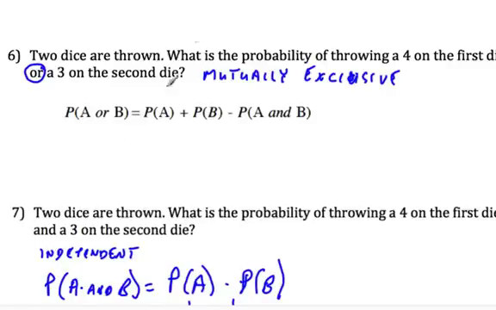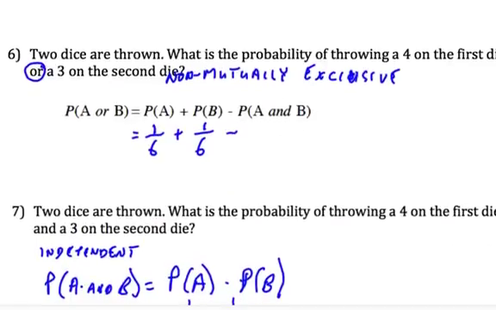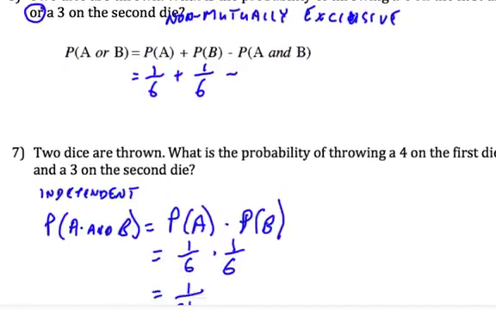So this is non-mutually exclusive because we can have both events occurring. So the probability of A is 1/6. The probability of rolling a 3 on the second die is 1/6 as well, minus the probability of A and B. Well, we answered that down in number 7. That is 1 over 36.